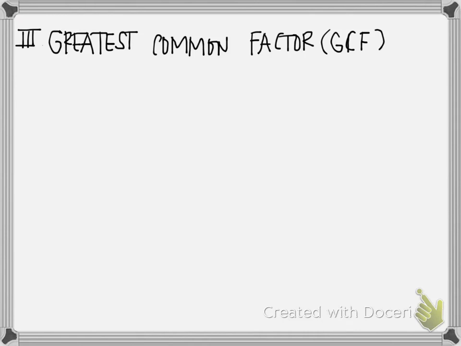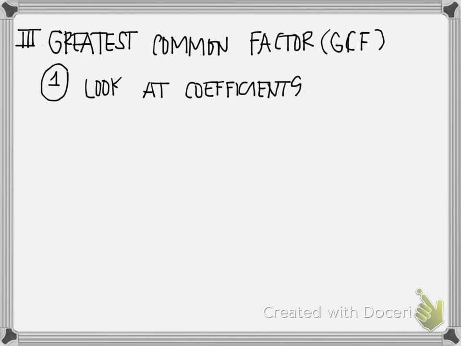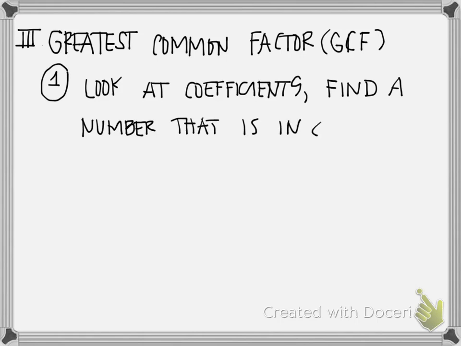So, to find our greatest common factor, the first thing is that we're going to look at the coefficients, and find a number that is in common in all terms of the polynomial.